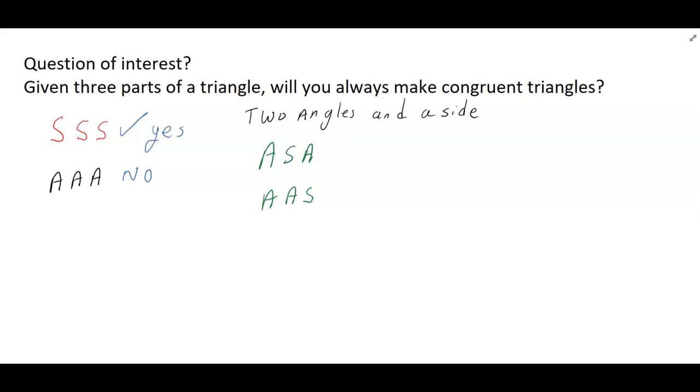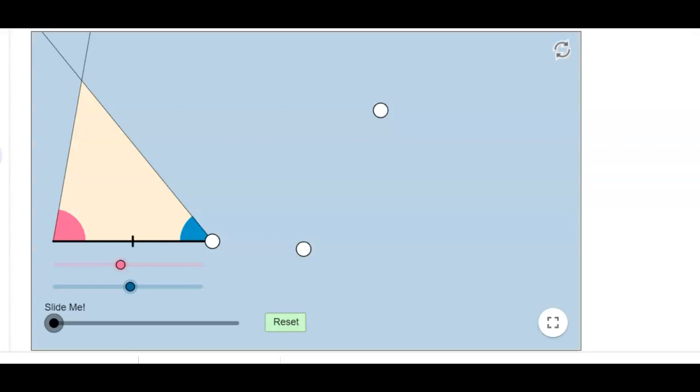Let's see what happens. On the screen, this is an example of angle, side, angle. Notice the side is between the red angle and the blue angle. That's going to be different than angle, angle, side. So what you see on the screen is called angle, side, angle. The side is between the two angles.